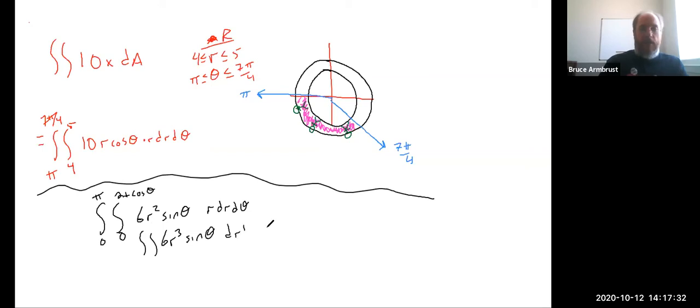Now, when we plug that in, we're going to get 3/2 r to the 4th evaluated at 0 and 2 plus cosine. The 0 is not the problem. But what we're going to end up with then is 3/2 times 2 plus cosine of theta to the 4th times sine of theta.